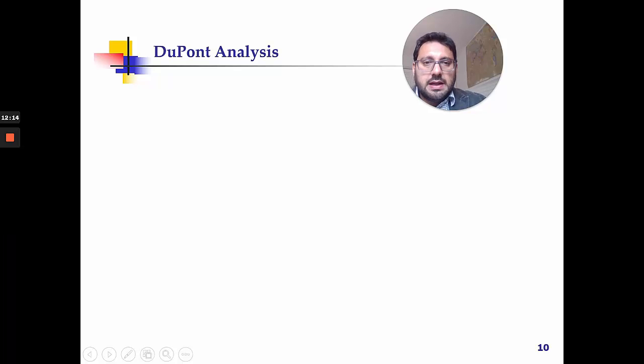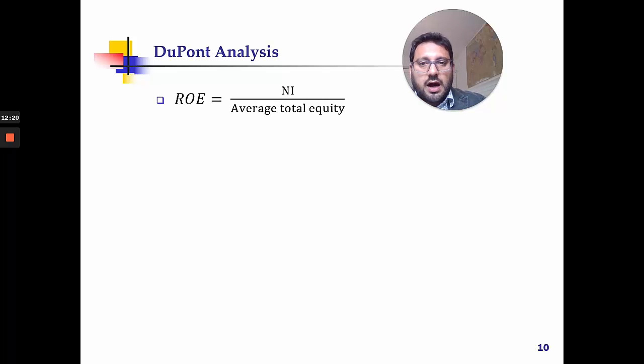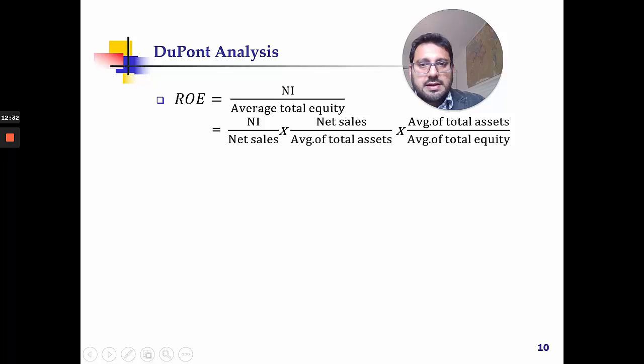Finally, we will go and conduct the DuPont analysis. We know that the ROE is the net income divided by the average total equity. And if we algebraically rewrite this, we can write it as net income divided by the net sales, multiplied by the net sales divided by the average of total asset, multiplied by the average of total asset divided by the average of total equity.